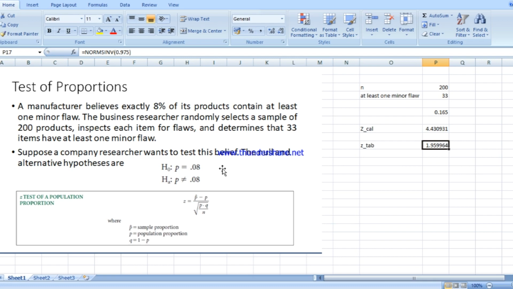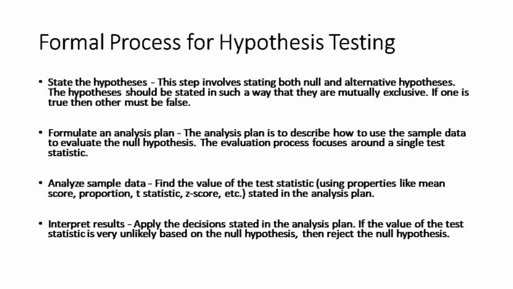In the previous lesson, lesson 7, we had determined that there are 10 steps to hypothesis testing. These 10 steps majorly coincide with these four attributes of hypothesis testing.